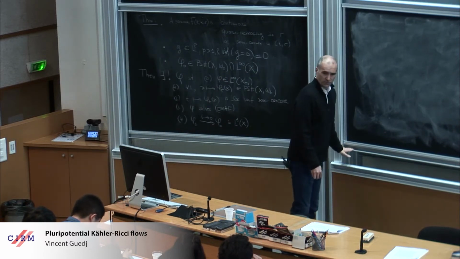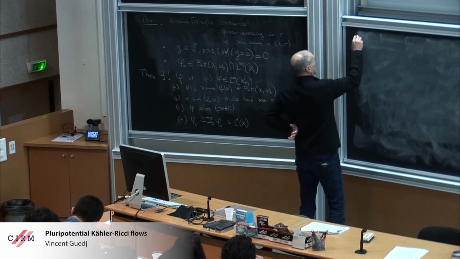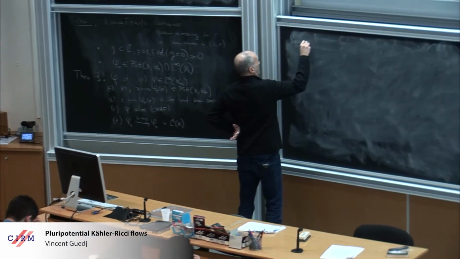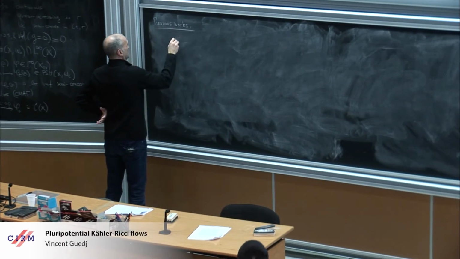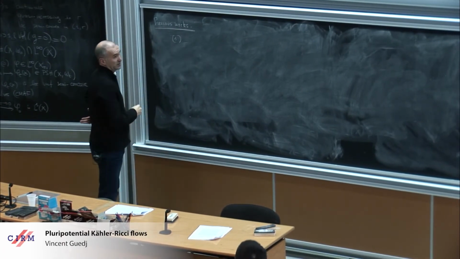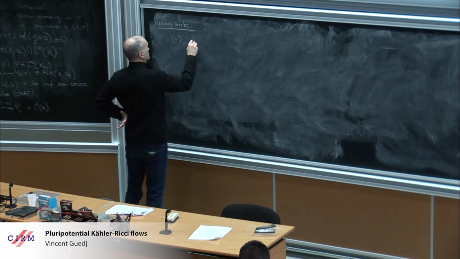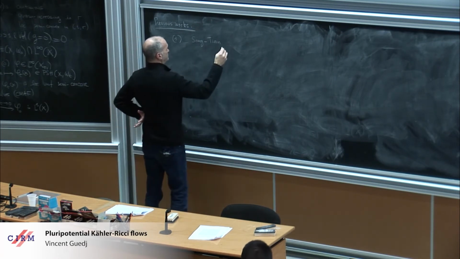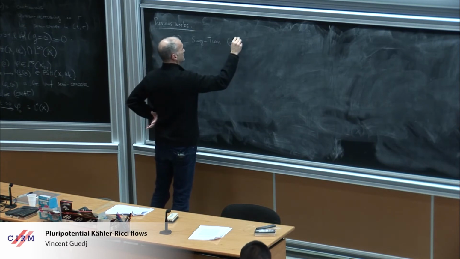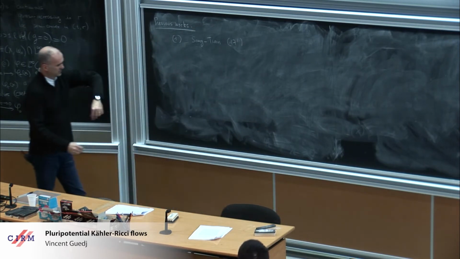So one comment on previous works. First, that actually motivated this one. So first, there has been an important work by Song and Tian. It has been published only recently, but the paper goes back to 10 years ago.